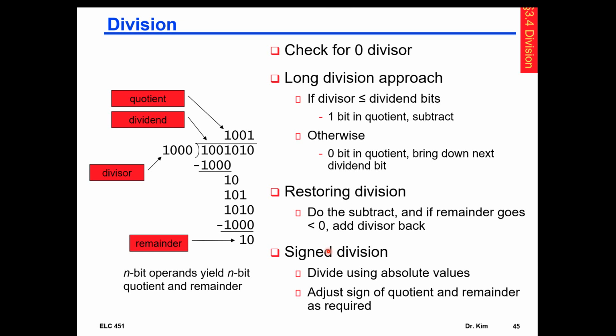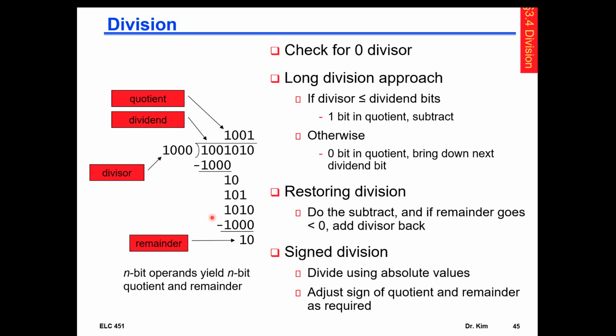Now let's look at division. What would be the algorithm for division? We have here the quotient, which is our result, the dividend, the number that we are dividing, and the divisor, that is the number that we are dividing by.